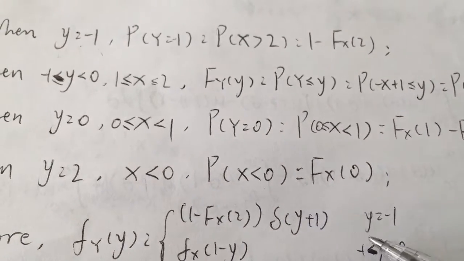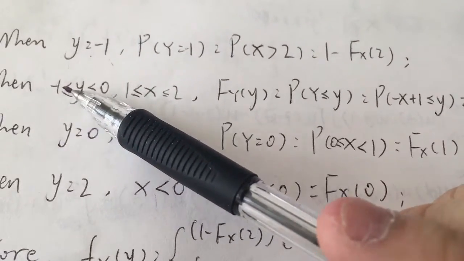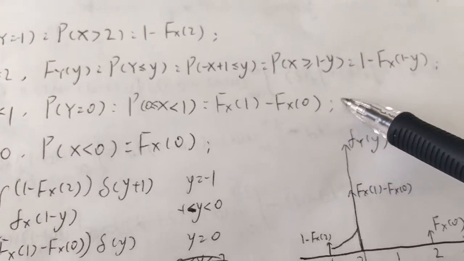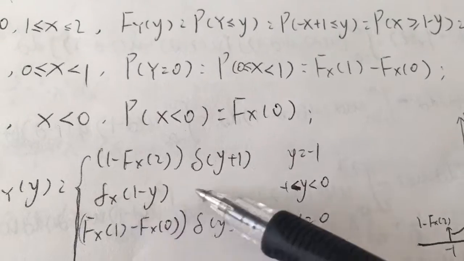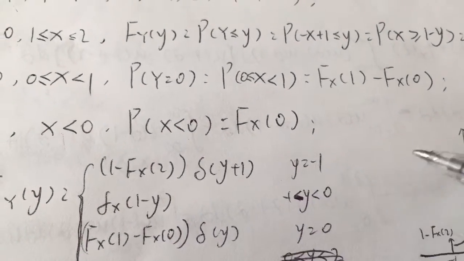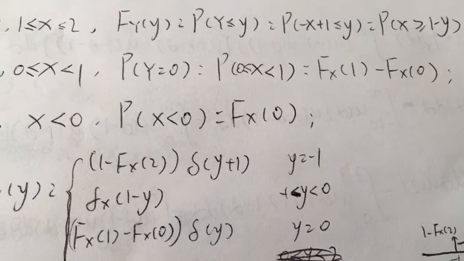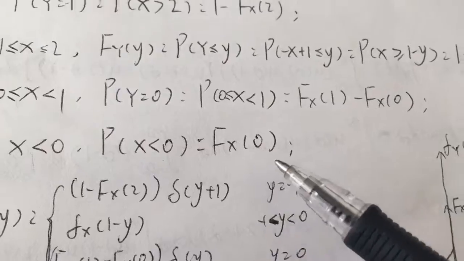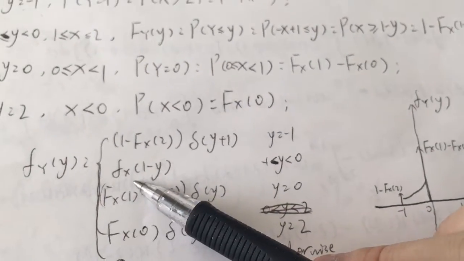And when y is less than 0 and no less than -1, we have this. Because it's not exact values, it is actually an impulse. So the result is this.